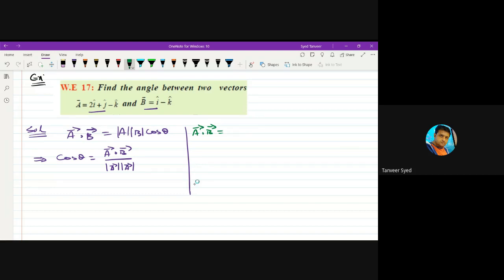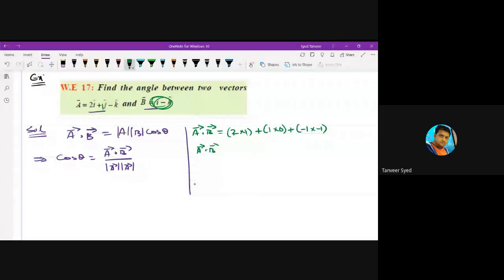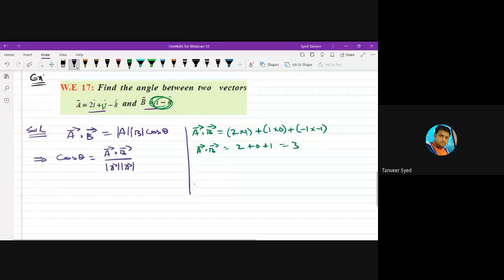A dot B is 2 into 1, plus for J, here we have 1 and in vector B there is no J, so it is 1 into 0, plus for K, it is minus 1 in A and minus 1 in B. So A dot B is 2 plus 0 plus 1, which is 3.